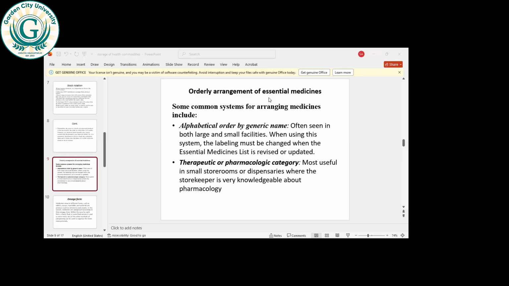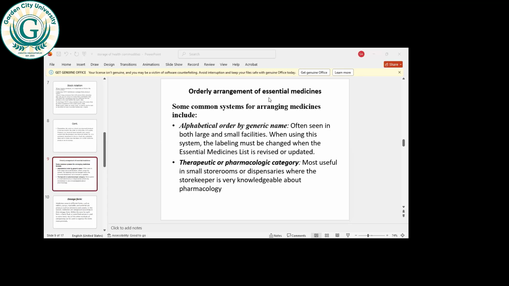So anytime you change the essential medicine list, for example with the malaria drugs we currently use, artesunate is there, and we have other brands that might not be on the national essential medicine list. So anytime you update the national essential medicine list, you have to also change the labeling to reflect that.